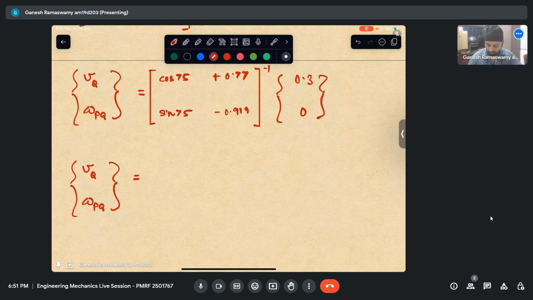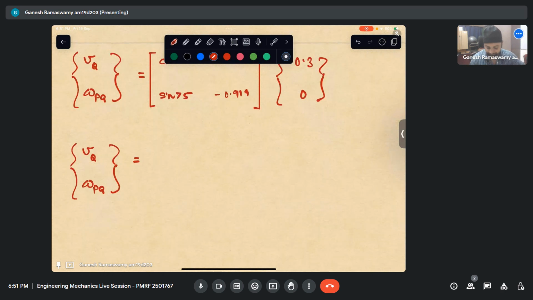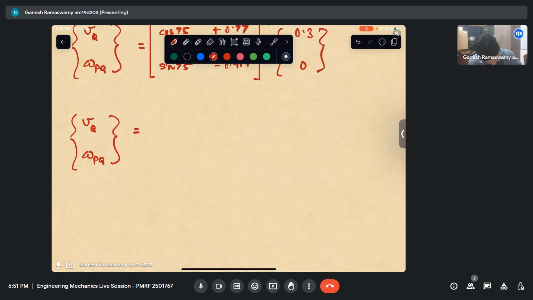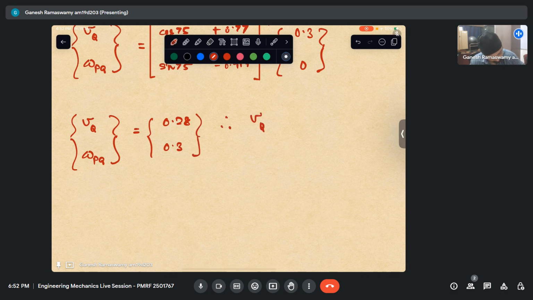So this comes out to be 0.28 and the other one comes out nearly close to 0.3. So therefore, the velocity of Q, the magnitude, is nothing but 0.28 meters per second.